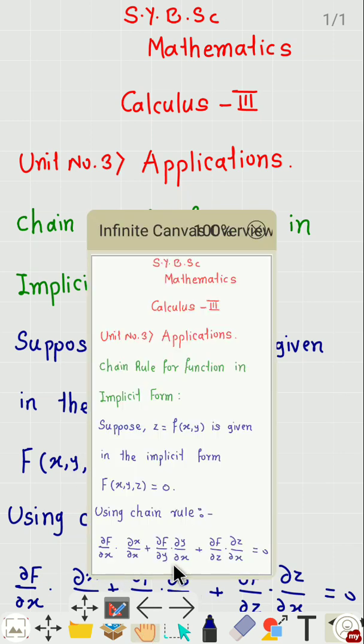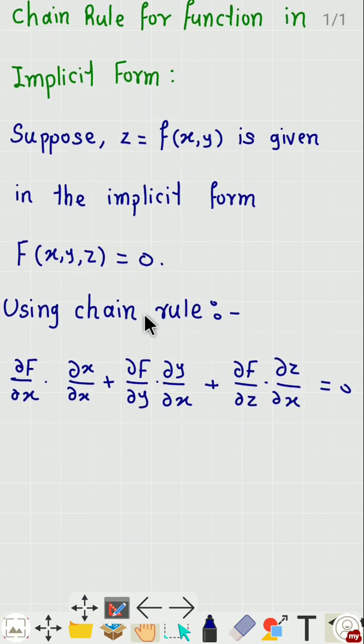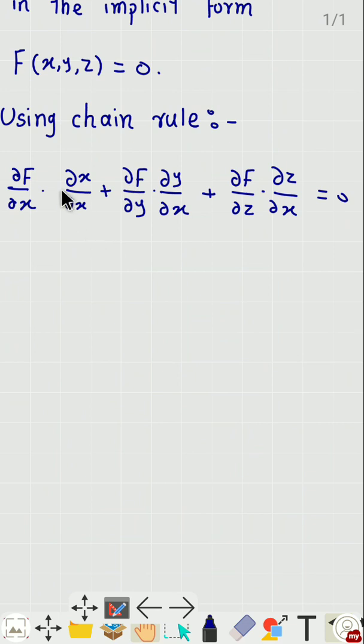Now using chain rule we can write dou f by dou x into dou x by dou x plus dou f by dou y into dou y by dou x plus dou f by dou z into dou z by dou x.